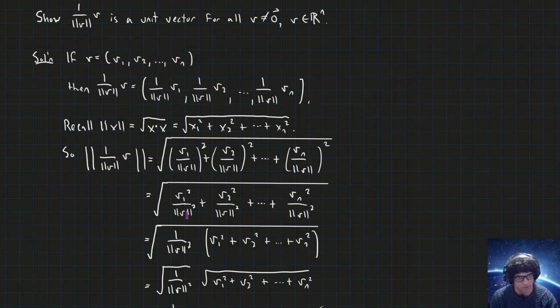And then we notice that we're taking the square of a fraction, so that's the same as the square of the numerator divided by the square of the denominator for all the parts here. And then for each term here, I noticed that they all have a common factor, 1 over the length squared.